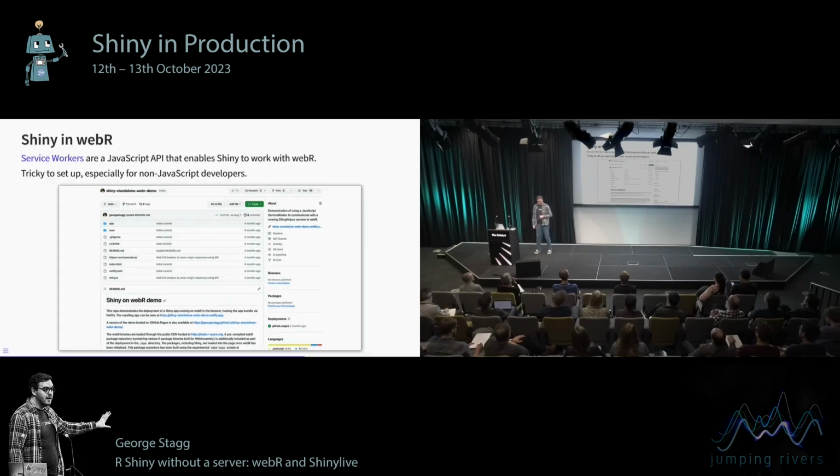Okay. Let me talk about Shiny. The way this works is that web browsers have a feature called service workers. What service workers do, well, they do a few things, but one of the important things they do is they can capture network traffic. So when you open up a Shiny app on your machine, what will happen in the background is that the Shiny app will go, oh, I need to connect to the Shiny server.